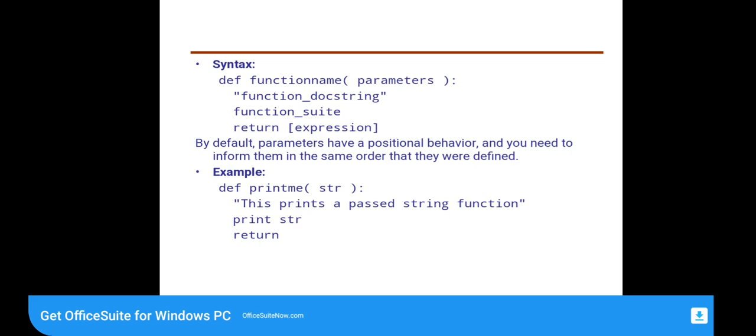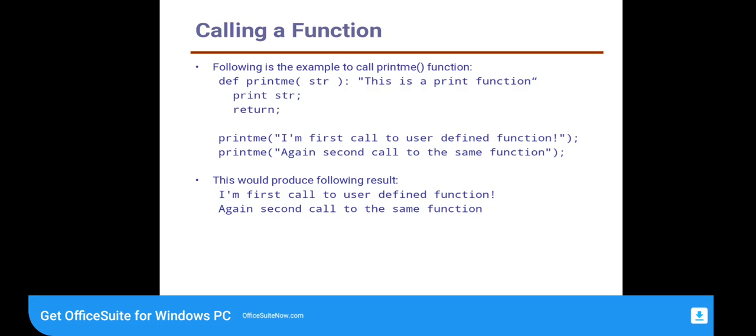To print a particular string on the screen: def print me, str is a parameter. This prints a passed string: print str, return. Calling a function. The following example is to call the print me function. Def print me str colon, this is a print function, print str, return.